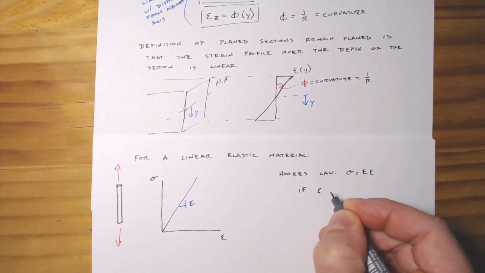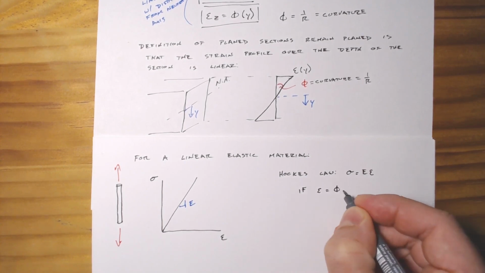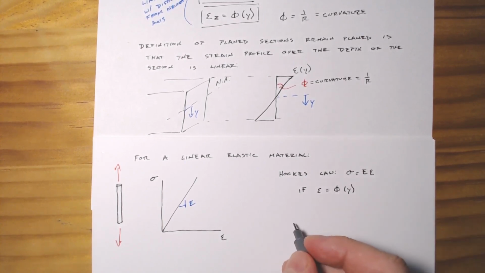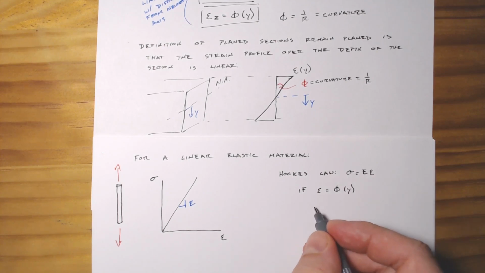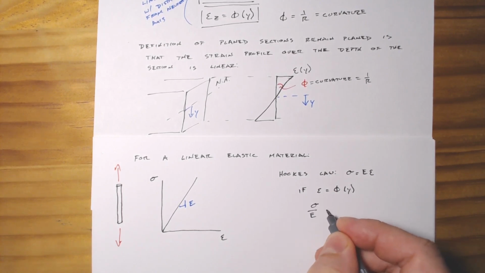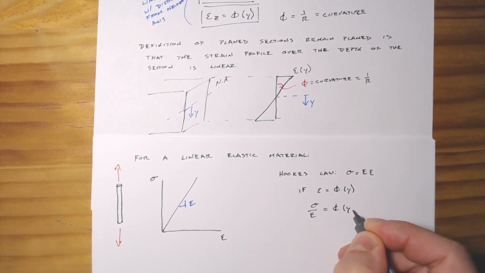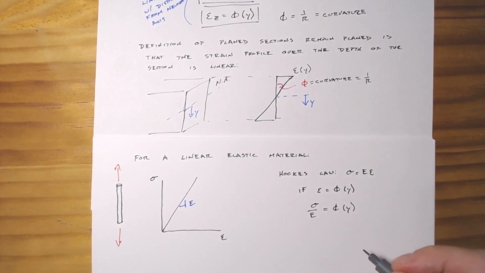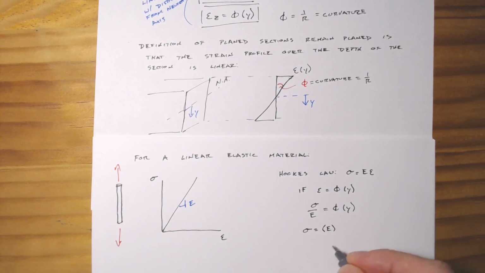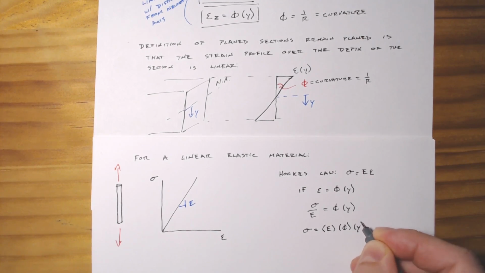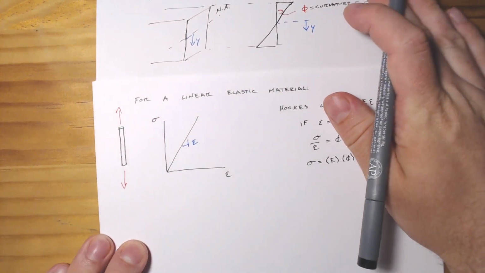If strain is equal to curvature times y, we can rearrange, take Young's modulus over here, then we would have that stress over Young's modulus is going to equal curvature multiplied by the distance away from the neutral axis y. And so stress equals Young's modulus, modulus of elasticity, times curvature times y. And so what does this mean?